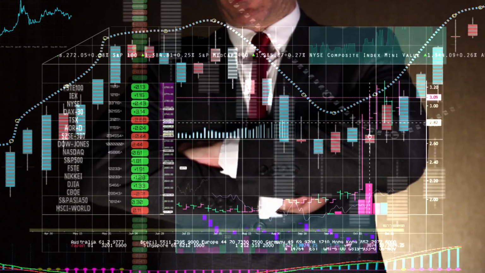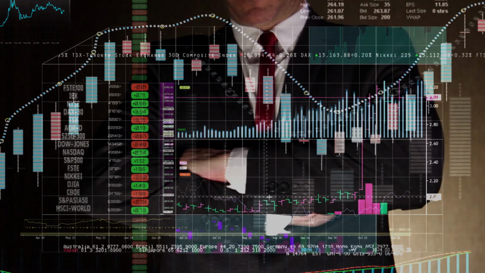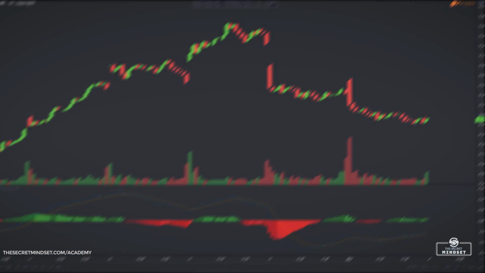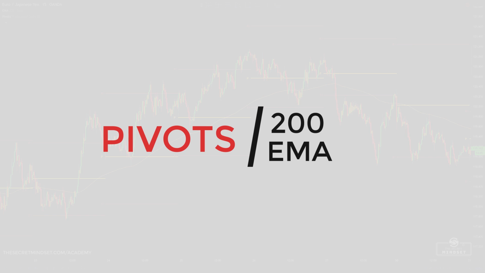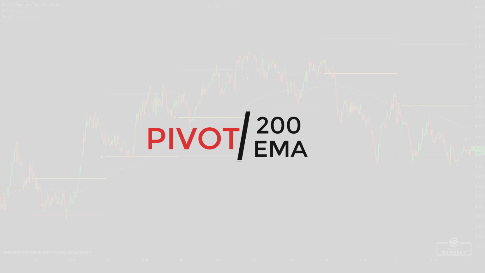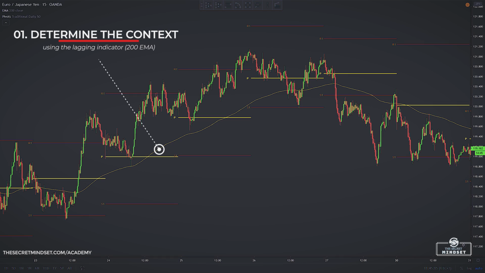With these obvious drawbacks, it is best to develop a trading strategy that combines both leading and lagging indicators. For example, you can use a lagging indicator like the 200 exponential moving average and the leading one, the pivot points. First, determine the context for the trade using the lagging indicators. So if the price is below the 200 EMA, we have a downtrend, and above the 200 EMA, an uptrend.